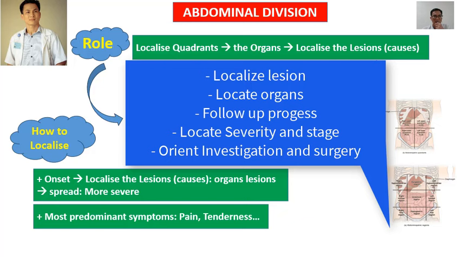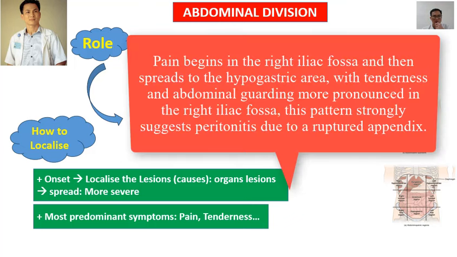For example, if pain begins in the right iliac fossa and then spreads to the hypogastric area, with tenderness and abdominal guarding more pronounced in the right iliac fossa, this pattern strongly suggests peritonitis due to a ruptured appendicitis.